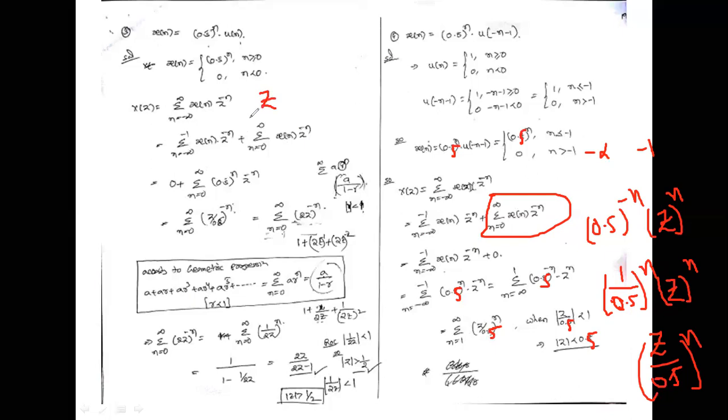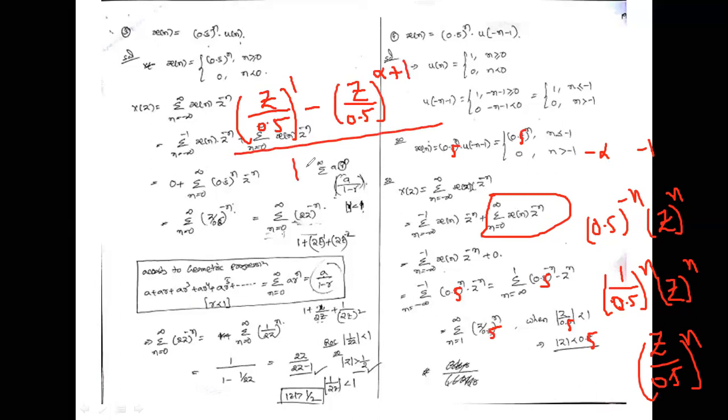So z by 0.5 whole power 1 minus z by 0.5 whole power infinity plus 1, whole divided by 1 minus z by 0.5. And this z by 0.5, the magnitude of z by 0.5 is less than 1.